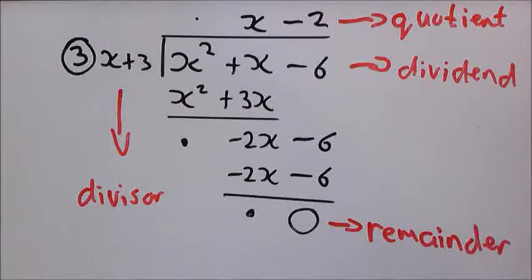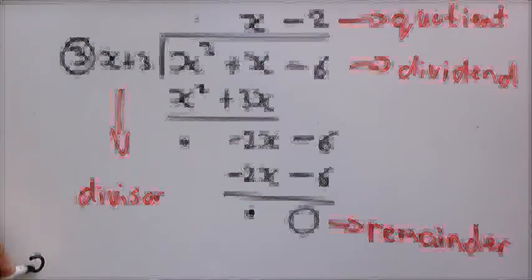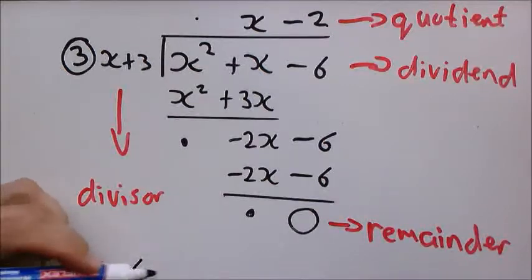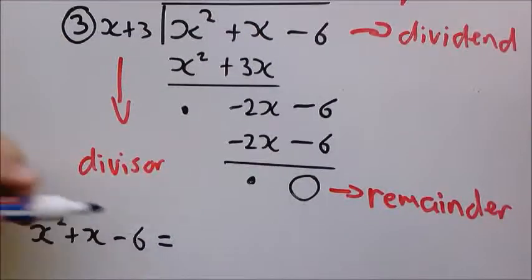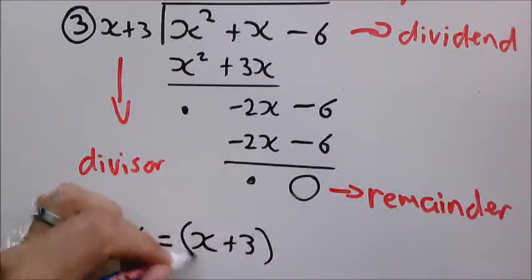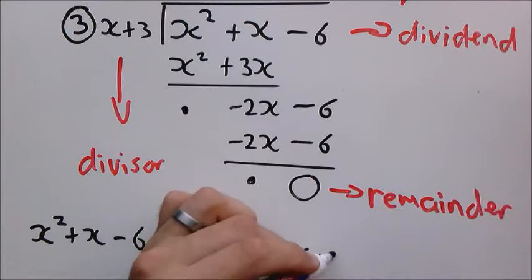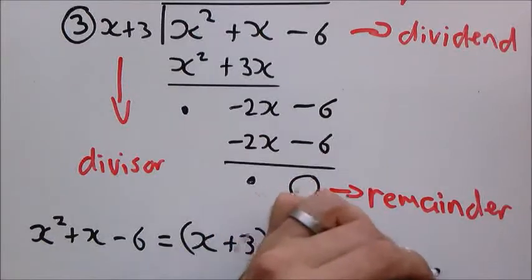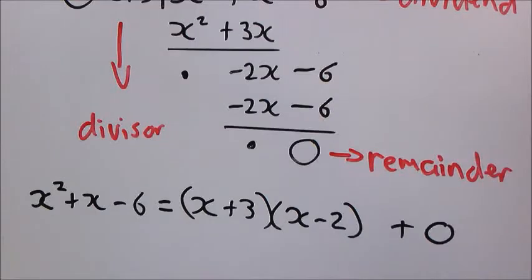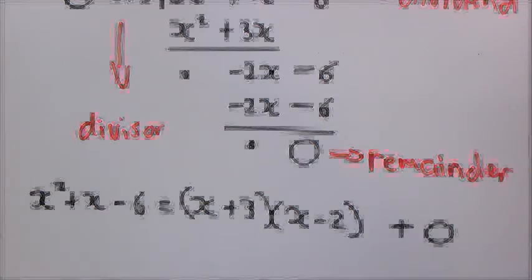Okay, this automatically then means that x squared plus x minus 6 is equal to x plus 3 times x minus 2 plus 0. So this was example 3.